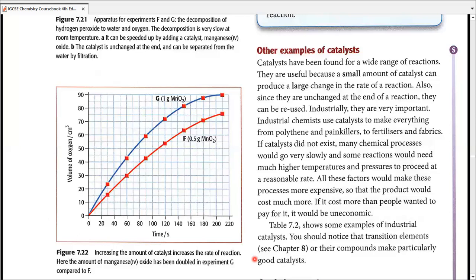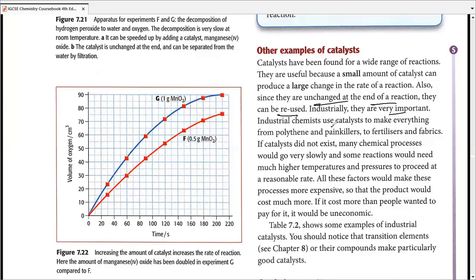During the reaction, they do whatever is required to change the rate of reaction, to increase it, but by the end of the reaction, same mass, same chemical identity. And that's actually great. Why is that great? That's written right over here in these lines. If they're unchanged by the end of the reaction, they can be reused over and over again. So in industry, they're very important.